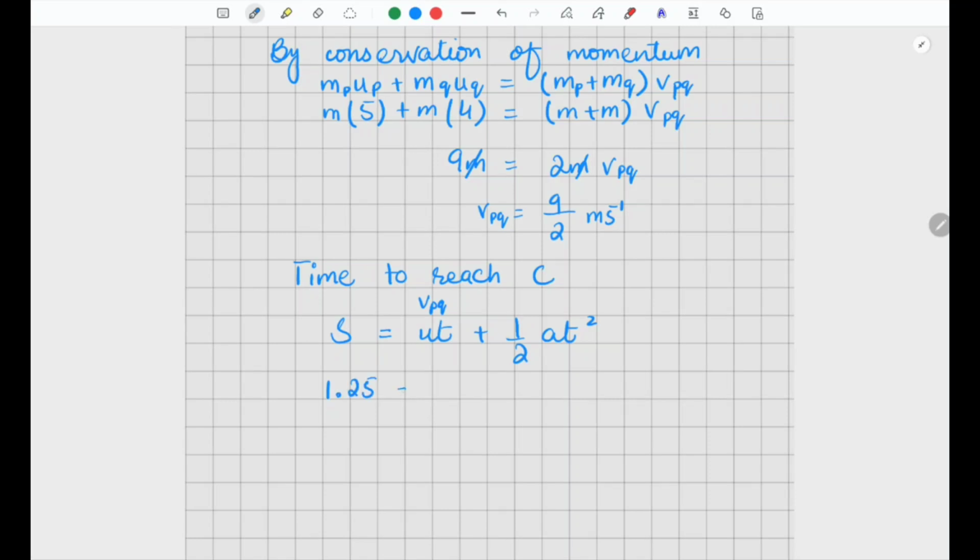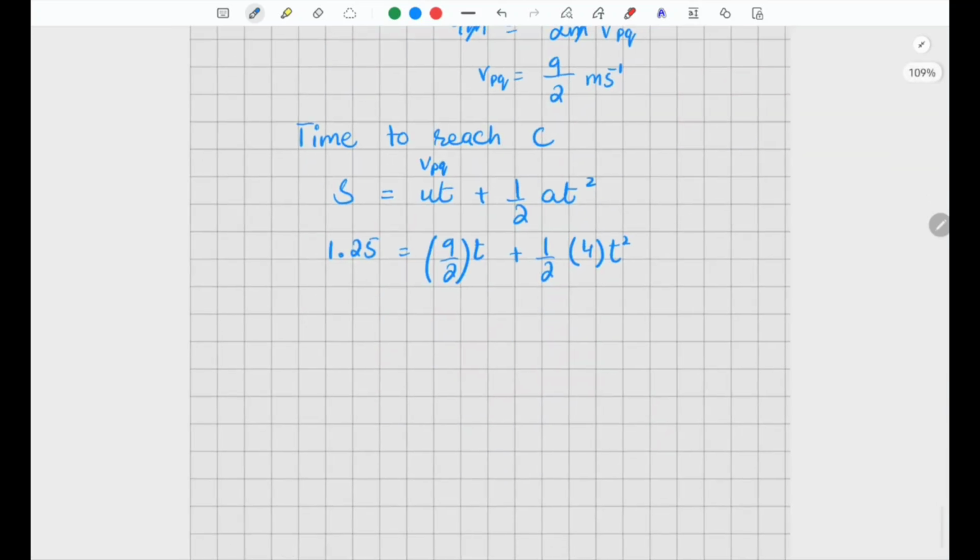So 1.25 equals 9/2 times T plus half 4 times T square. So this gives you 1.25 equals 4.5T plus 2T square. Now solving this to get the T value.